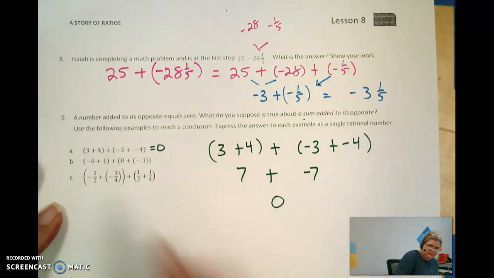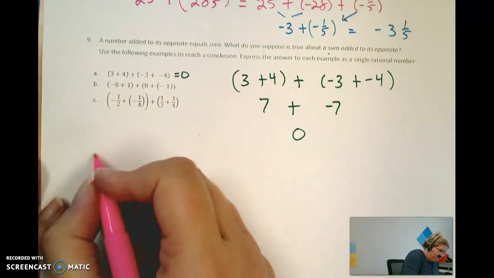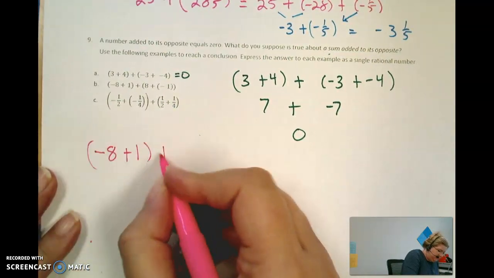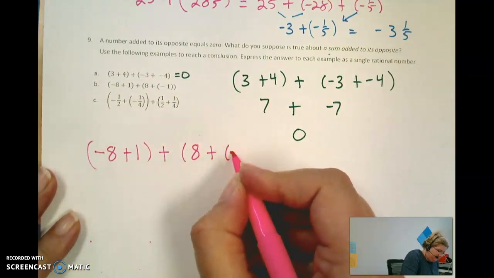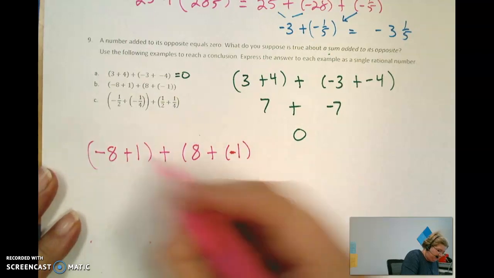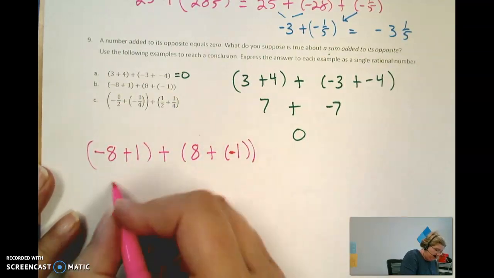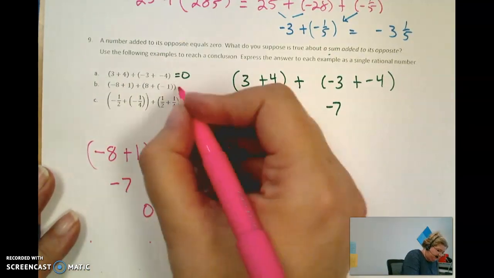Do the next one down here. Negative 8 plus 1 plus the opposite of negative 8 and the opposite of 1. Okay, so negative 7 plus 7 is 0.